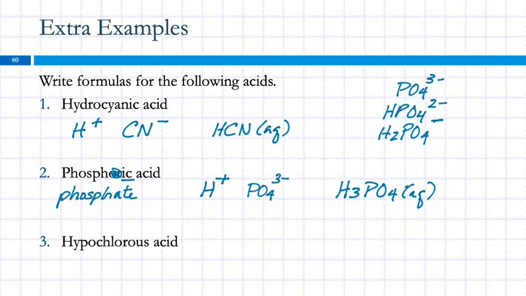Hypochlorous acid, binary or oxyacid? Oxyacid. This prefix hypo looks a lot like hydro, but it isn't. So hypochlorous comes from what ion? Hypochlorite, right?